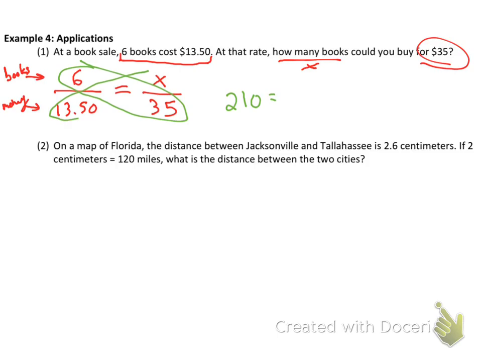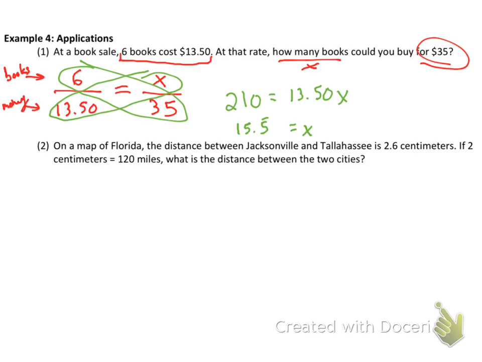And then this right here is going to give me $13.50 times x. So then to finish out this problem, I'm just going to divide both sides by 13.5. And x equals 15.5 repeating. Now, how many books can you buy? Well, now I'm stuck in between 15 and 16 books.